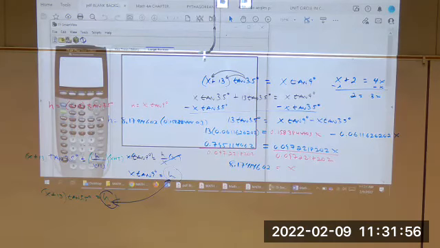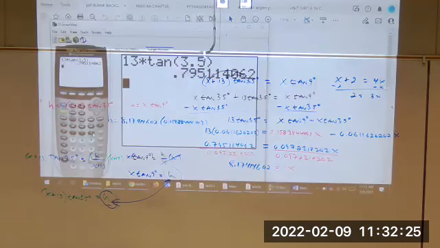It's 13 tangent 3.5. 13 times... I'll type this in correctly this time, divide by 0.09722182202.